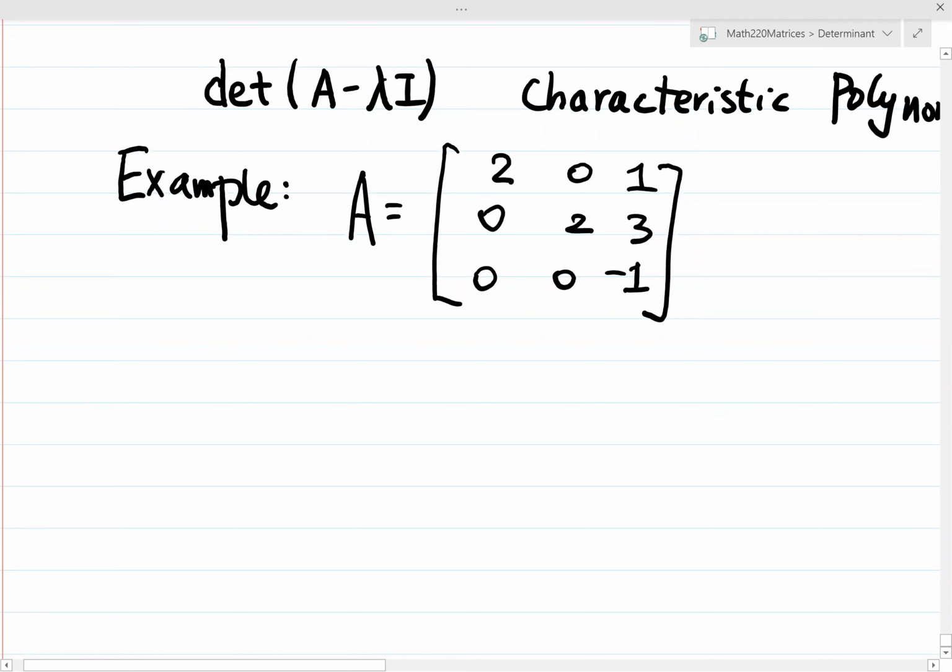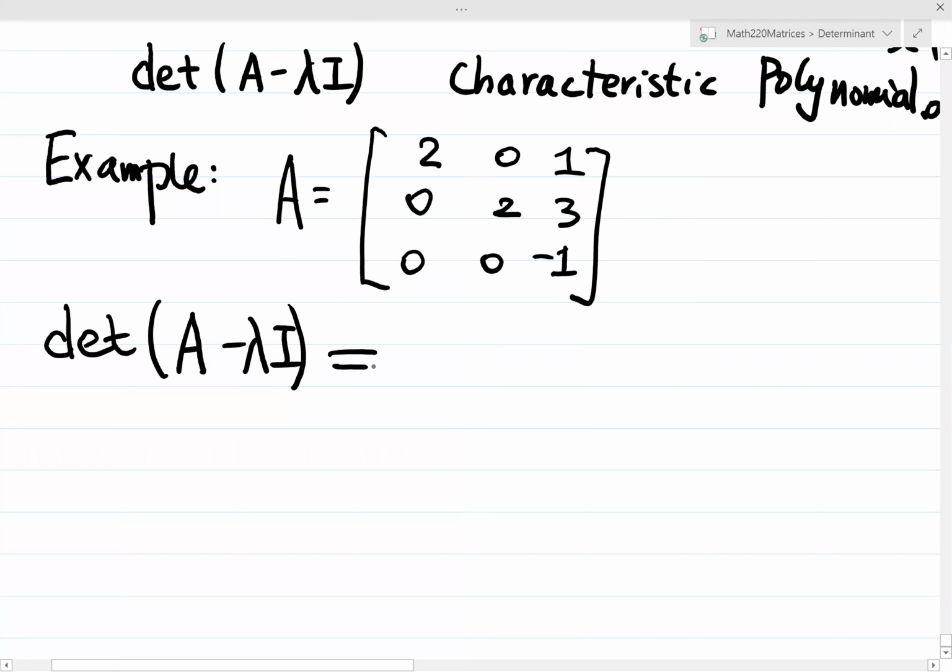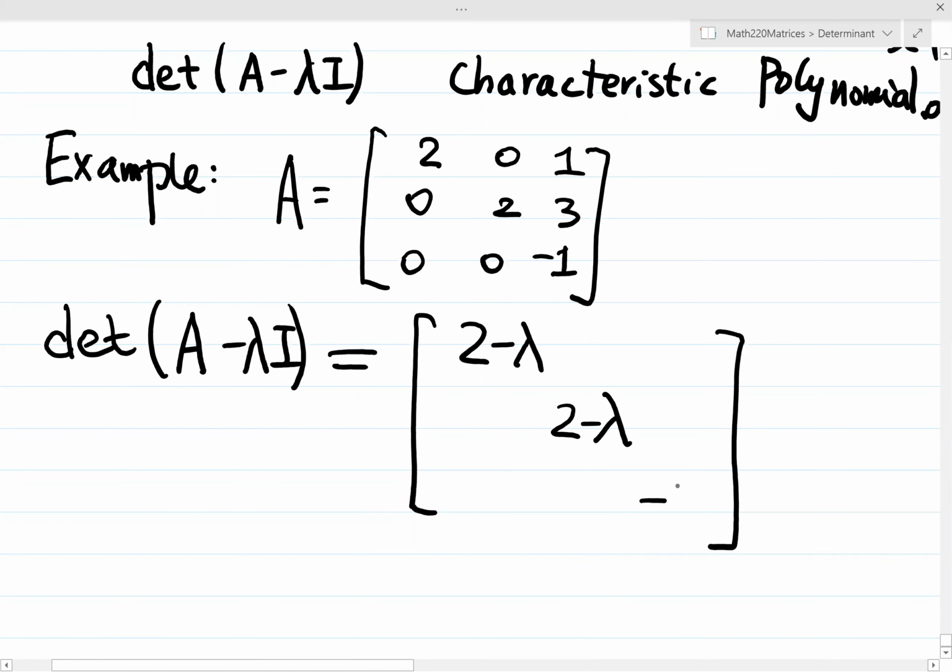Then we find the characteristic polynomial, the determinant of A minus lambda I. Lambda I has lambdas on the diagonal, so we subtract lambda from the diagonal terms of A: 2 minus lambda and -1 minus lambda. All the other terms we keep fixed, 1, and this is 3.